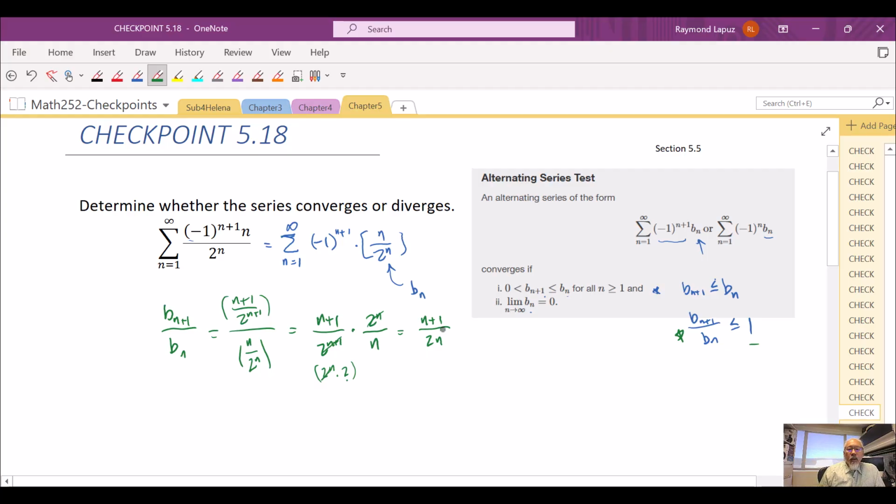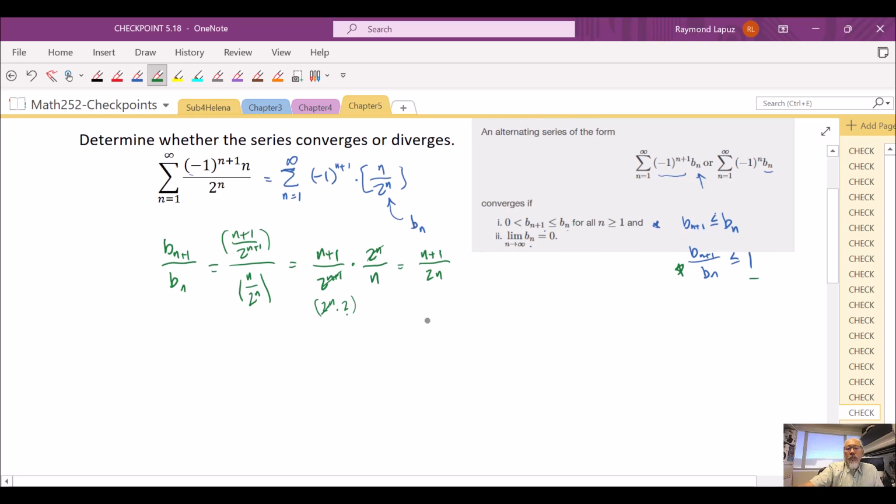Okay, let's see. Do we know that this is going to be less than 1? I think what we could do is just try some points. What if n was equal to 1? What will we get? We will get 1 plus 1 is 2, 2 times 1 is 2, so this is going to be 1. Well, it's not less than, but it's less than or equal to 1. Okay. How about when n is equal to 2?